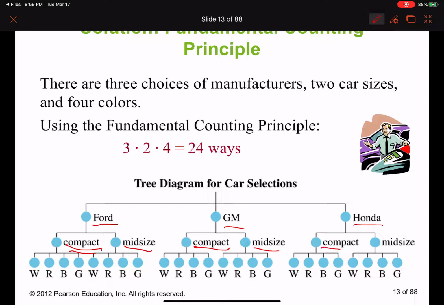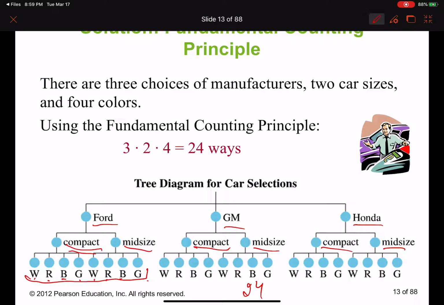And you have all these colors for compact: white, red, blue, green, white, red, blue, green, and so on. Total will be 24.